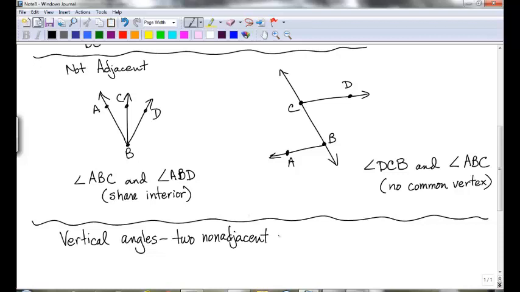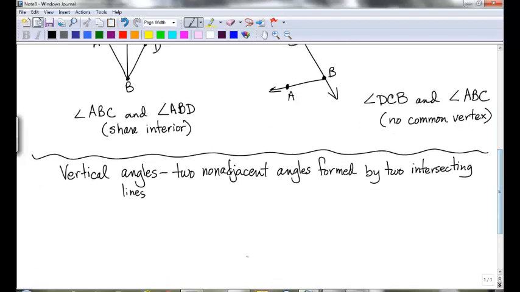So they are not adjacent angles formed by two intersecting lines. Draw two intersecting lines.